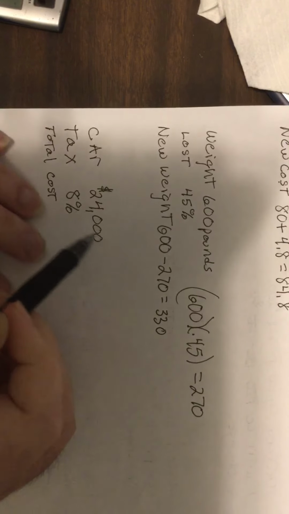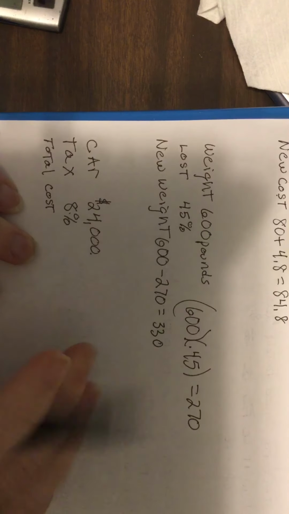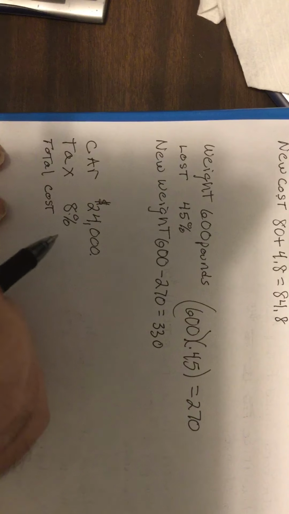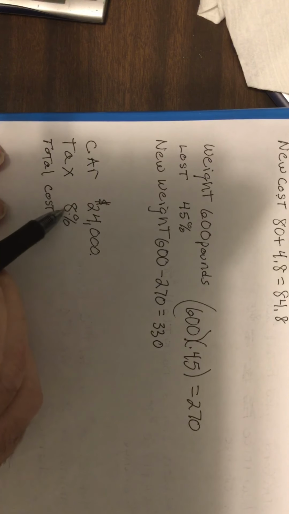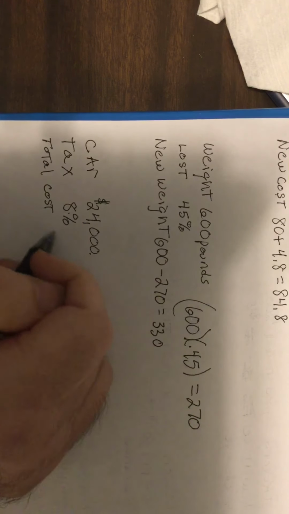Now, let's say you want to go buy a car that's $24,000. And let's say tax is 8%. Now, in Tennessee, I believe it's 9 point something. In Michigan, I think it's 6%. So figure out what would the total cost of the car be after you include the tax. Okay, so you would go 24,000 times 0.08 equals 1920.